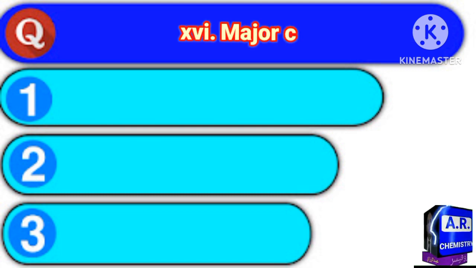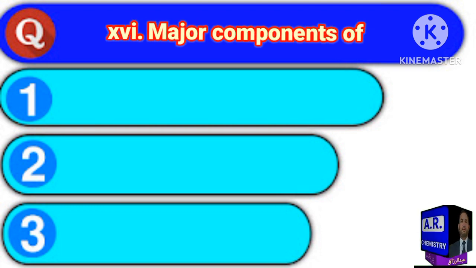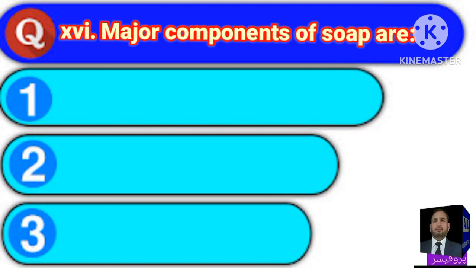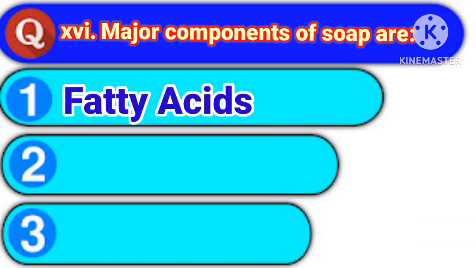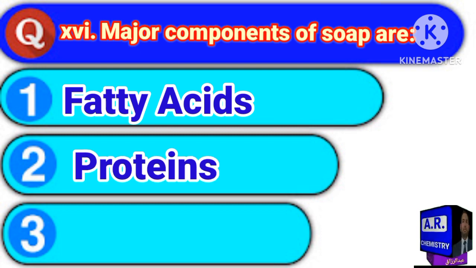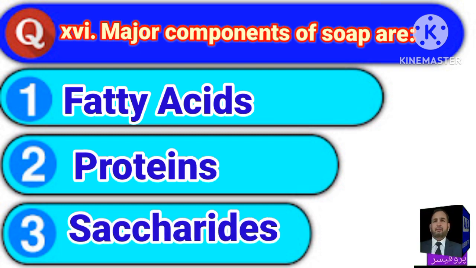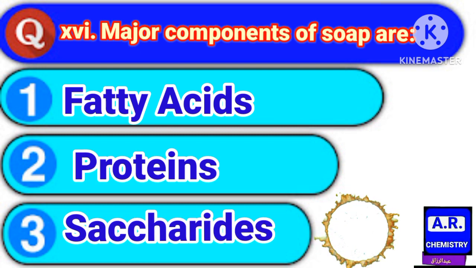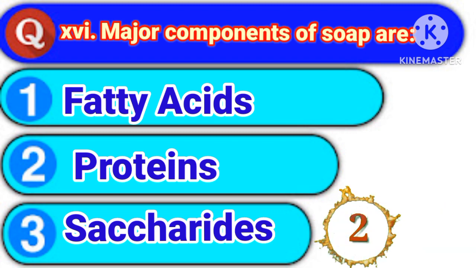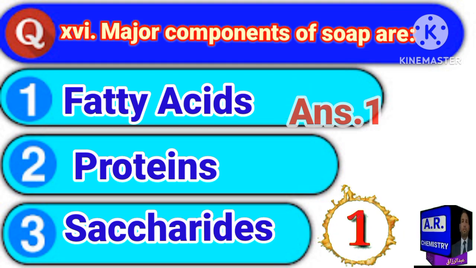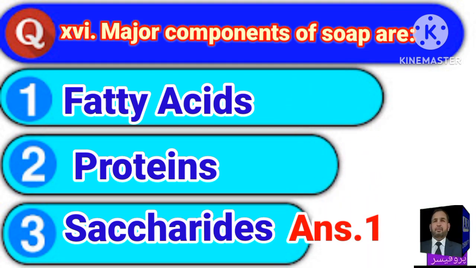Next question, question number 16. Major components of soap are number 1 fatty acids, long chain carboxylic acids, number 2 proteins, number 3 saccharides or carbohydrates. Select the proper option. Yes, it is option number 1, fatty acids.